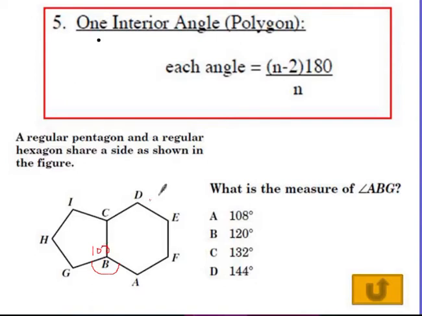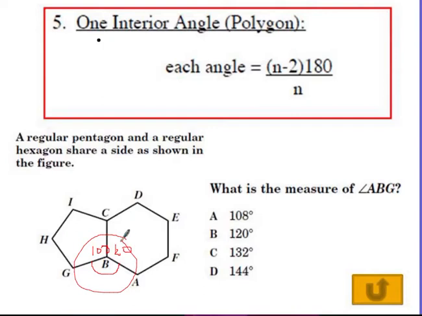Now I'm going to do the hexagon. Hexagon means 6, so 180 times 6 minus 2 is 720. Divide that by 6, I get 120. If they want to know what GBA is, I only know what these other two angles are, but what should all of these add up to? Hopefully you're thinking 360.